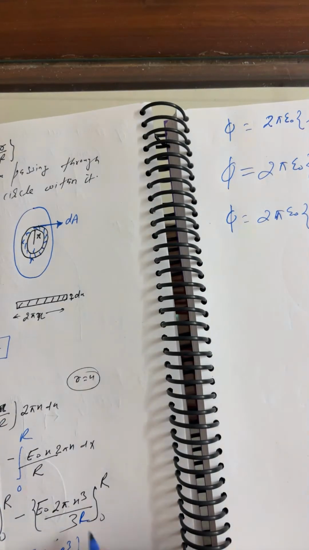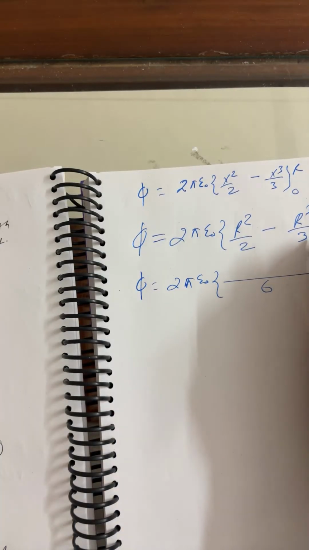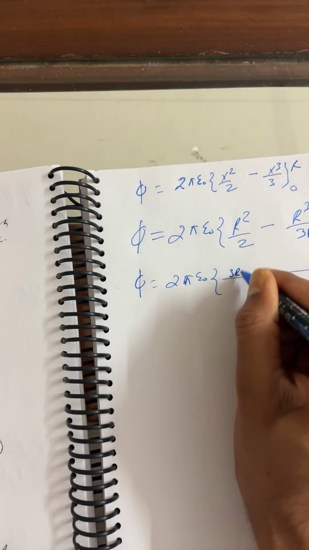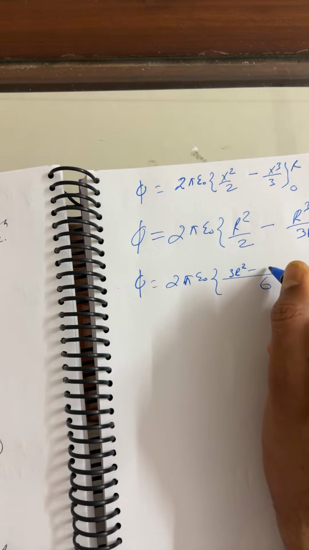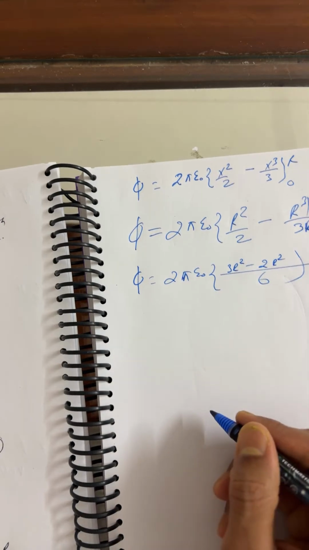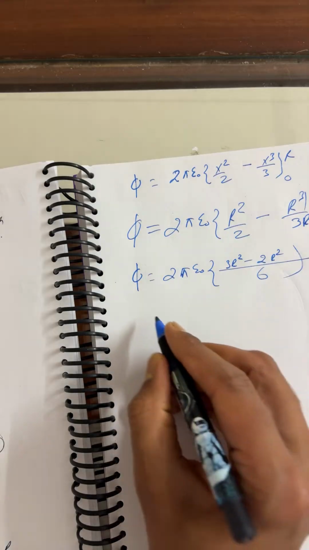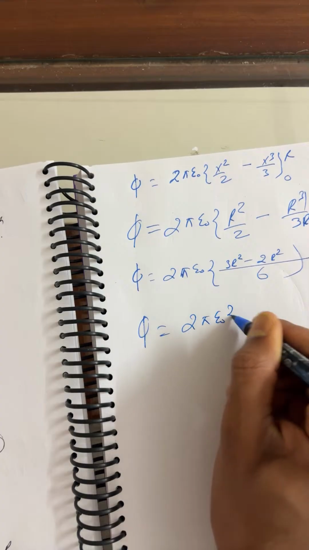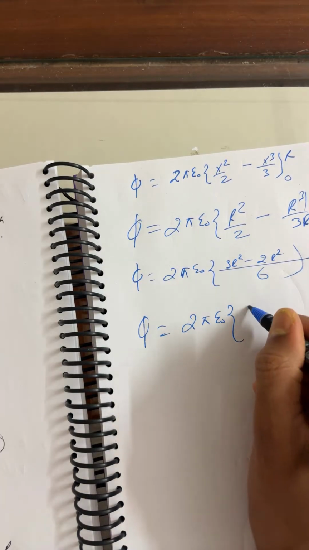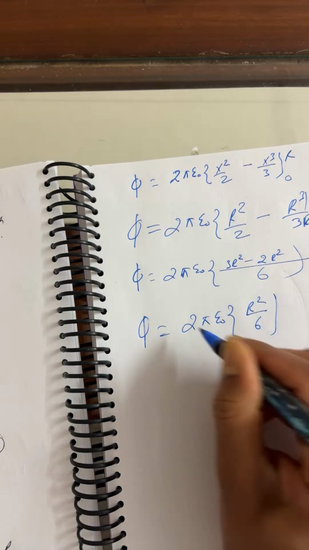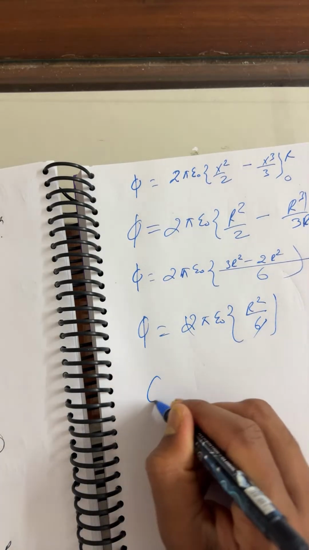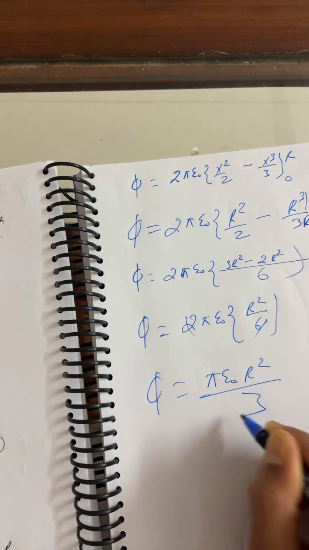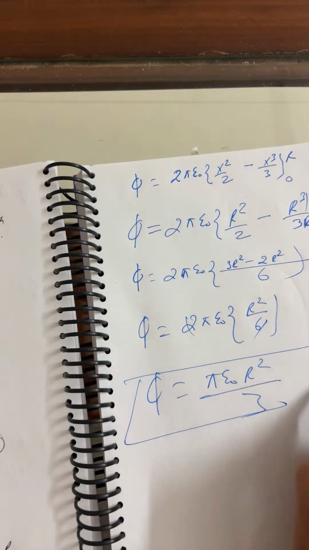I missed something: there is an r here also, this is r square basically. So you can say this is 3r square minus 2r square, so 3 minus 2, r square only. So the flux is 2 pi epsilon naught r square by 6. 2 times 3 is 6. So the flux finally is pi epsilon naught r square by 3.